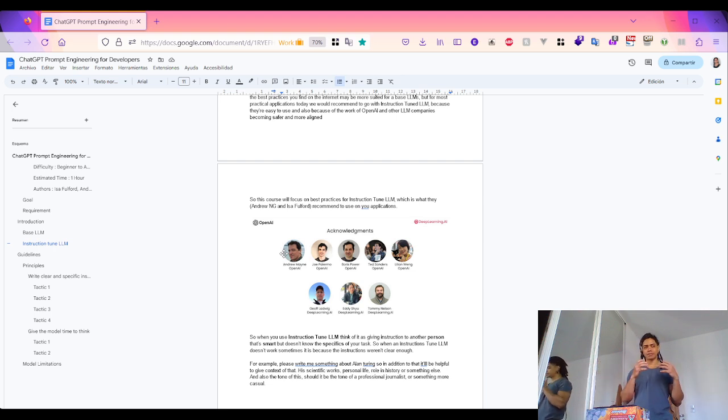So explain what a base LLM is, then give an example, and a particular example that doesn't fit what we want, and the reason why we have instructions to an LLM and how it works behind the scenes, roughly speaking.